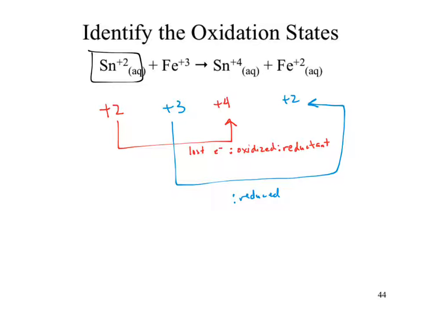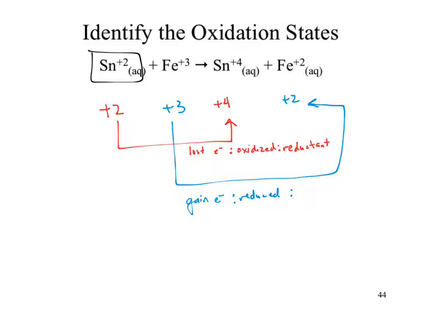What happens to the numbers? You go from plus 3 to plus 2. It gets lower. You mean it was reduced? Oh, yeah, there it is. Okay, officially, yes, better answer. It had to gain electrons. Okay? It gained electrons, and that's why we went from a plus 3 to a plus 2, because I gained debt. I'm losing money. Okay?